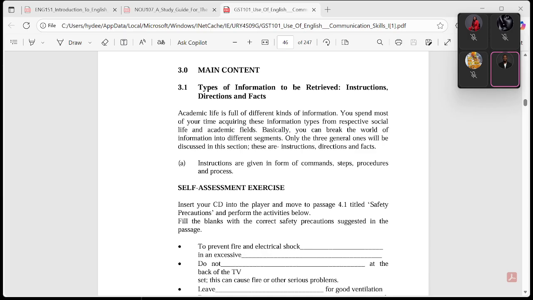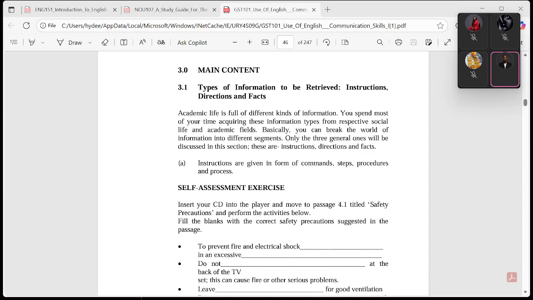Instructions, directions, and facts. I'm just going to note that here for you guys. Those are the three.